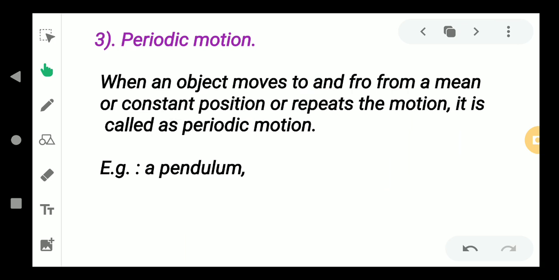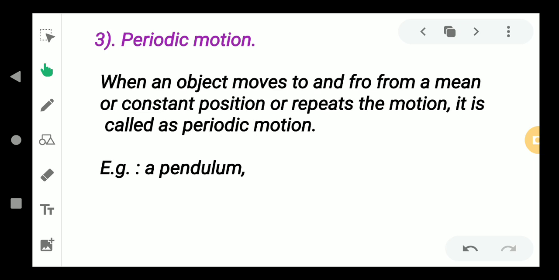Third type of motion is periodic motion. When an object moves to and fro about a mean or constant position and repeats the motion, it is called periodic motion. To and fro means towards the front and back. Consider the motion of a swing.